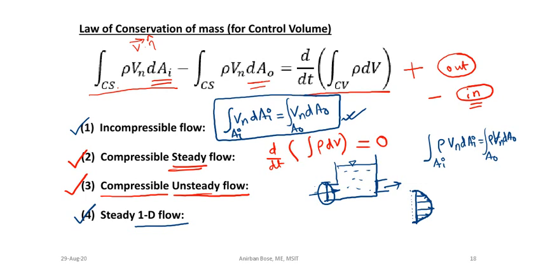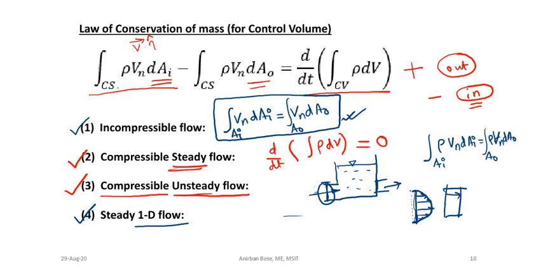So if that is the case, which is the most realistic one, that the properties are changing across the section, then that is not a simple 1D assumption. The 1D flow assumption means we are assuming that over the cross section the properties are uniform. We are not considering that property can change over this cross section. Okay, so 1D assumption means as if the property is the same across the section.